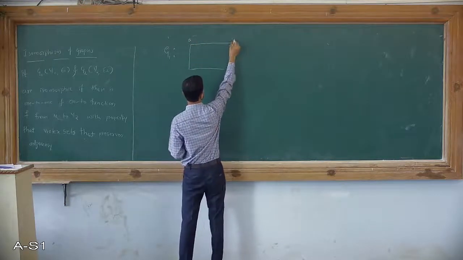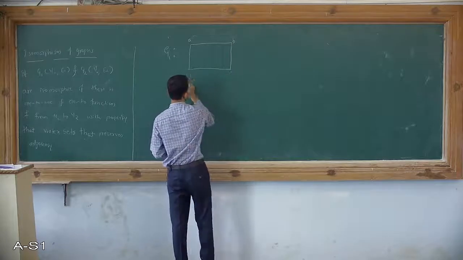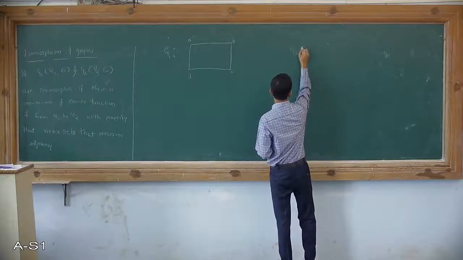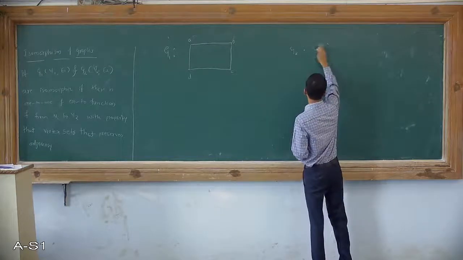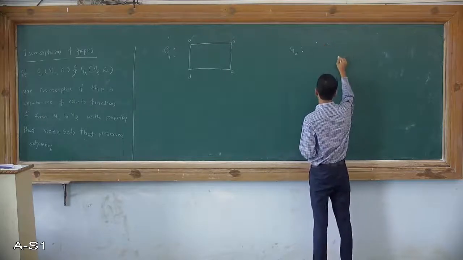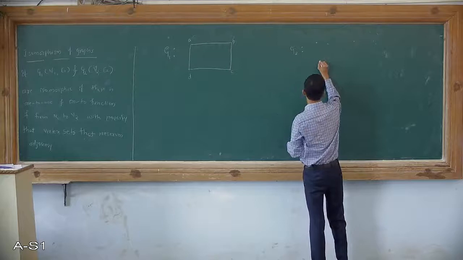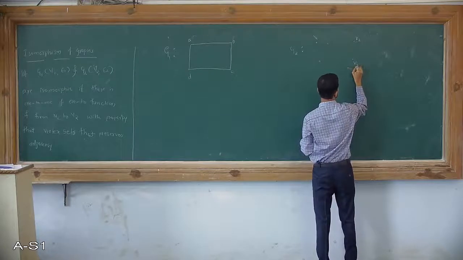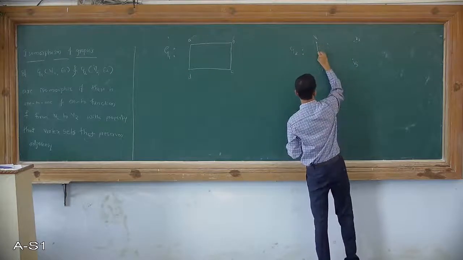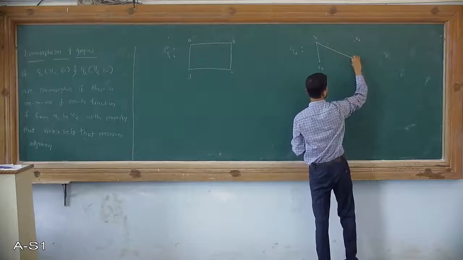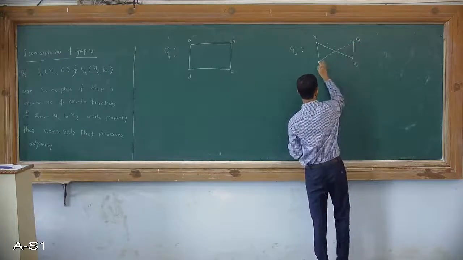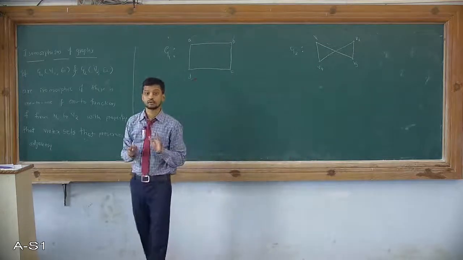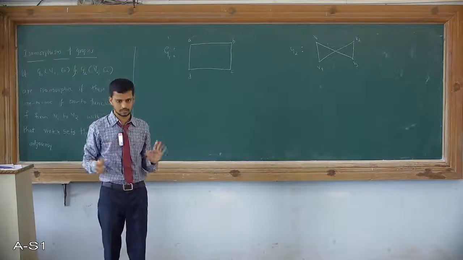It is A, B, C and D. I will take one more graph, that is G2, with a different set of vertices, V1, V2, V3, V4. This is one graph. Here, if you observe G1 and G2, they are not at all similar by visualization.